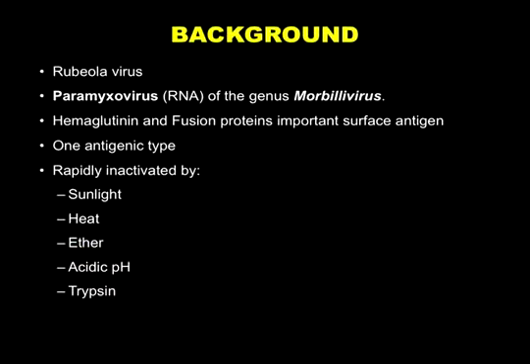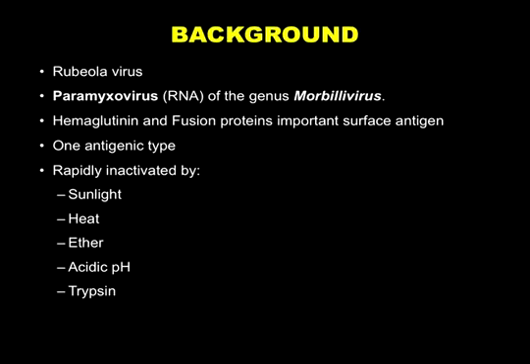Then the virology. It's a measles virus, a member of the paramyxovirus family of the genus Morbillivirus. It has some proteins that help in its pathogenesis, mainly the hemagglutinin and the fusion proteins, which are very important surface antigens.